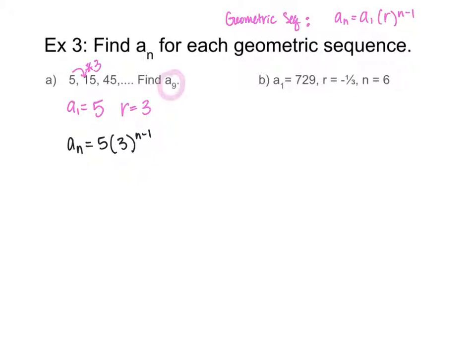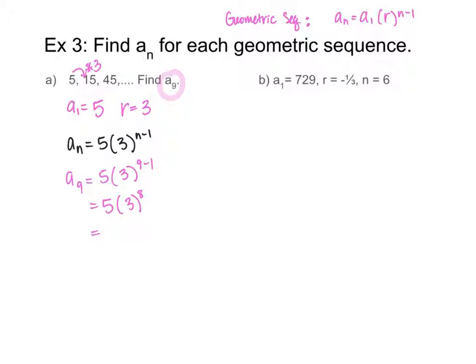And so from here, if I want to know what the ninth term is, all I got to do is plug in 9 for the n into my equation. So I have A9 equals, sorry, not minus, equals 5 times 3 to the 9 minus 1. If I work it out, I have 5 times 3 to the 8th power if I subtract the exponents.